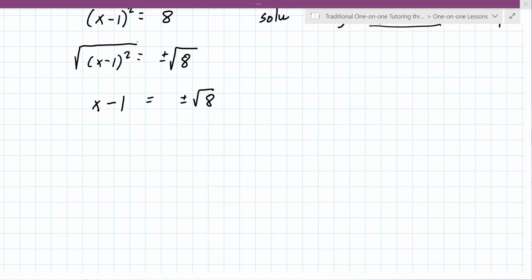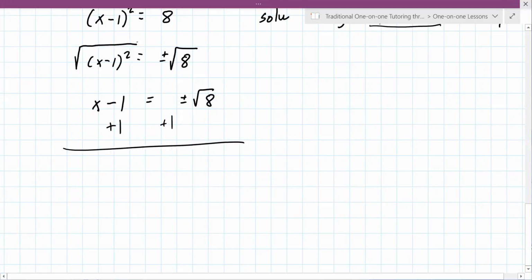So you're going to add 1 to both sides of the equation. Yes. So x equals, and then it's best to put this in front, 1 plus or minus the square root of 8.